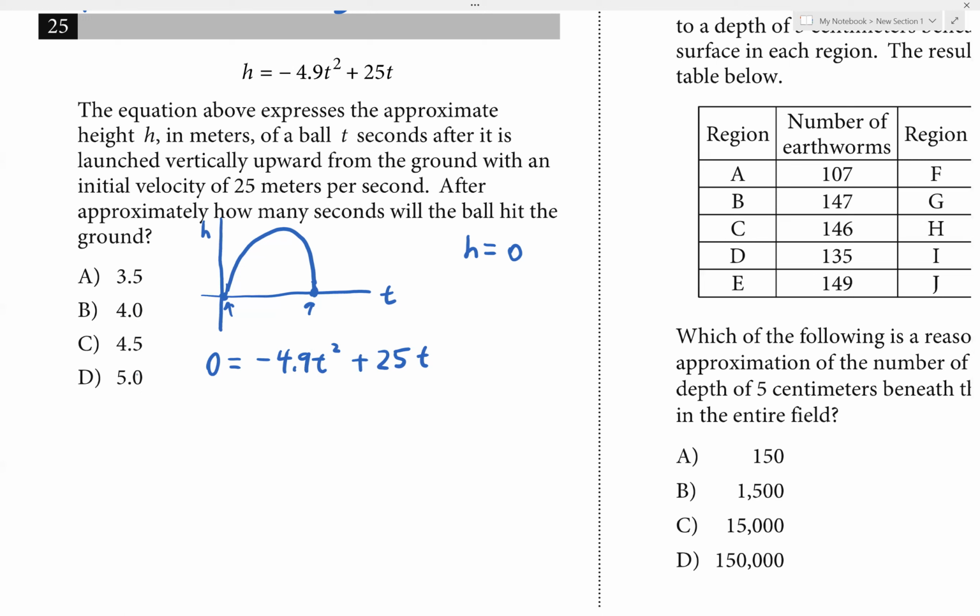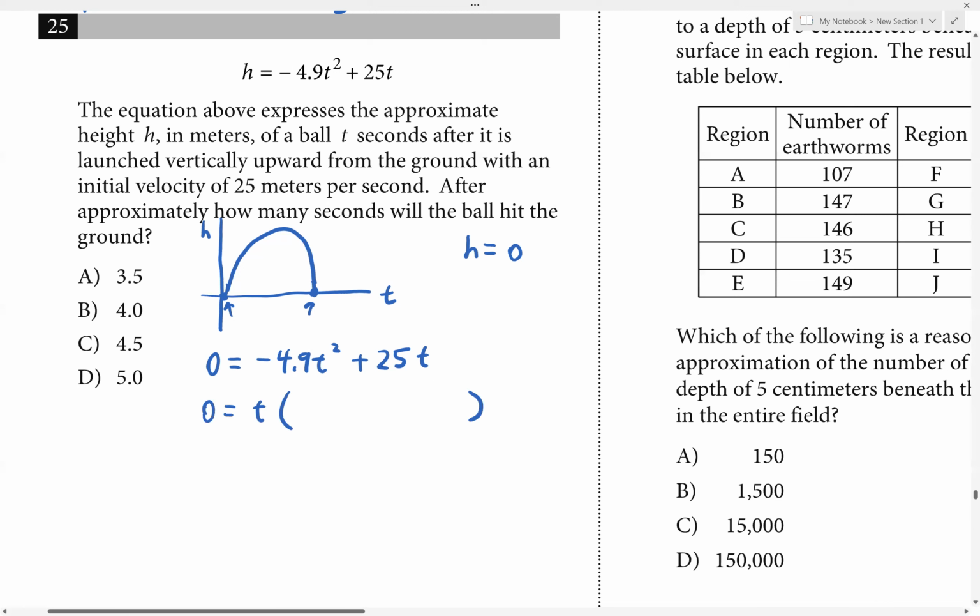If we're solving this algebraically, since it's a quadratic equation with only 2 terms, a binomial, we can check for any common factors. We can factor out a t first, because that's a common factor for both terms.